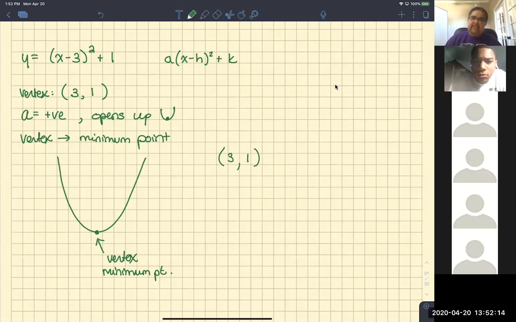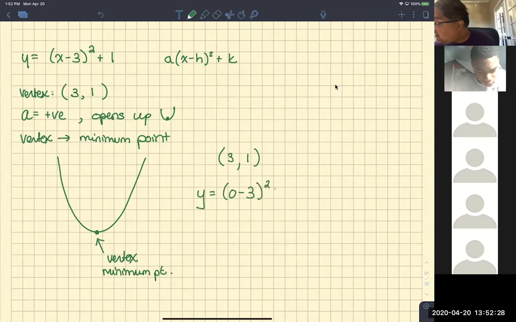And that's where it doesn't make sense, right? Because what if I plug in 0? 0 is smaller than 3, so it should give me a smaller value for y. So let's see what happens. We plugged in 0 for x, and we got negative 3 squared plus 1.